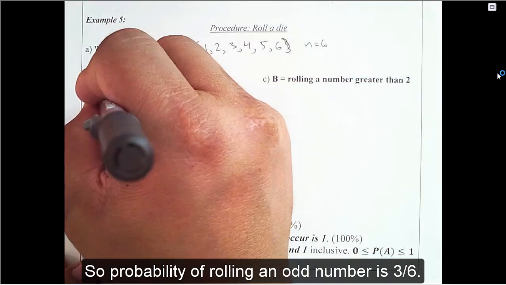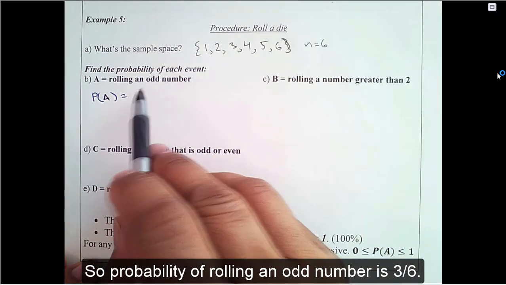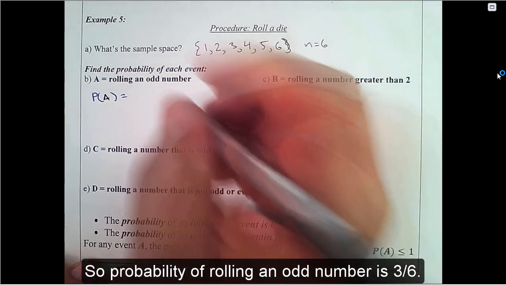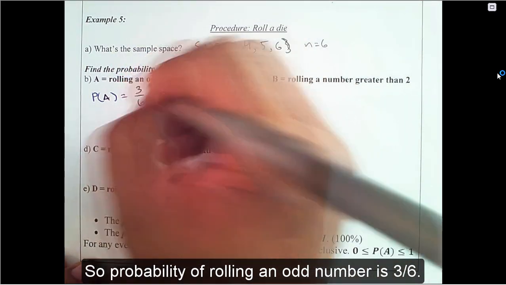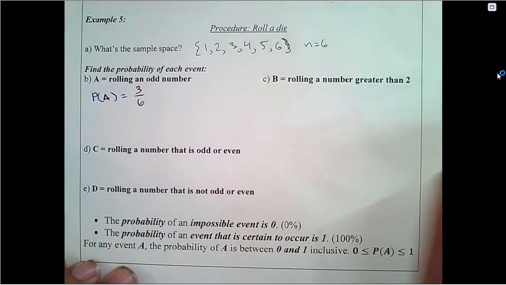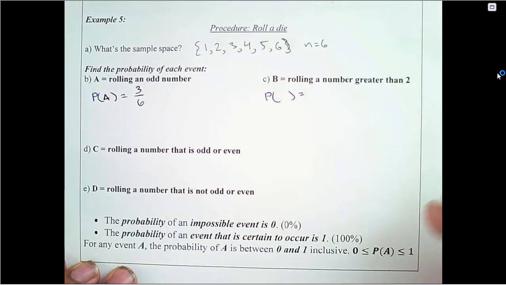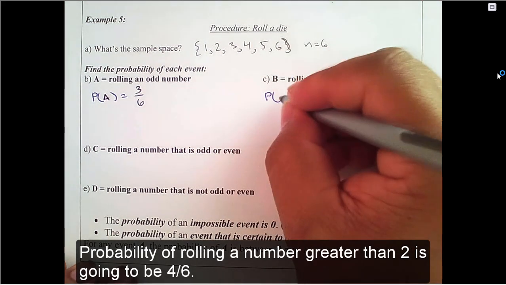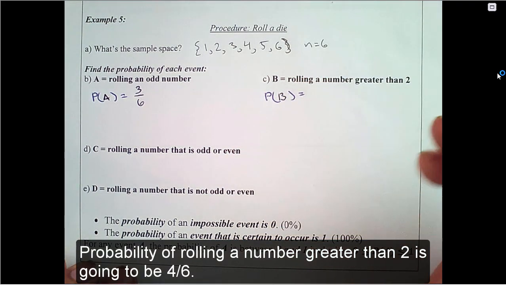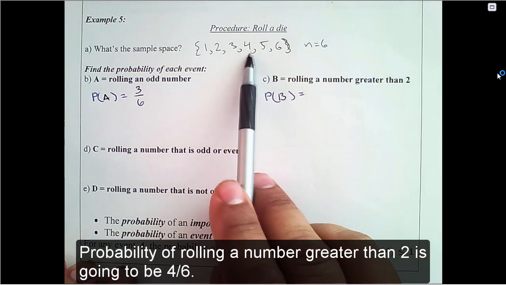So probability of rolling an odd number is 3 out of 6. Probability of rolling a number greater than 2 is going to be 4 out of 6.